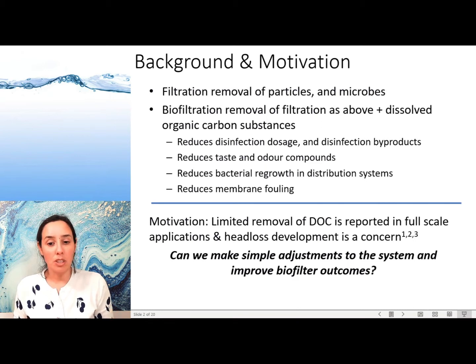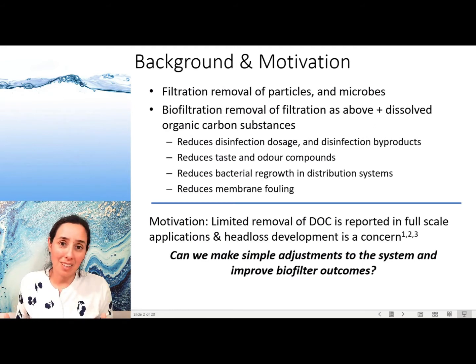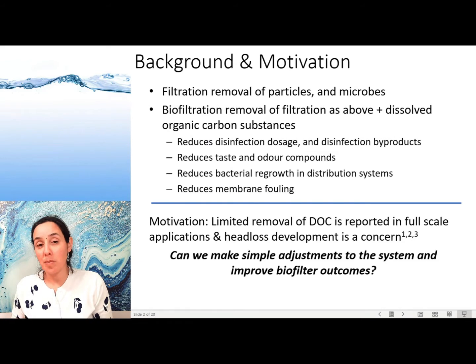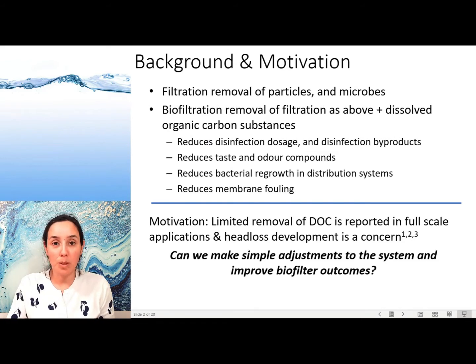The other concern is head loss that develops due to having these beneficial microbes that we've allowed to grow on our biofilters, and this causes an O&M concern for operational staff. So can we make simple, practical adjustments to the system to help improve our biofilter outcomes?